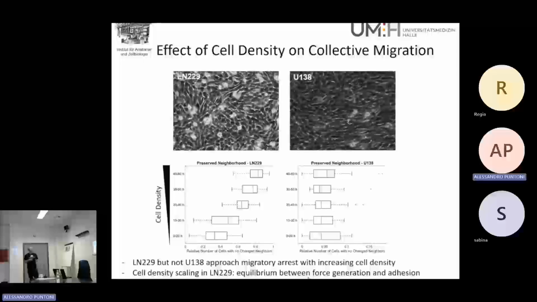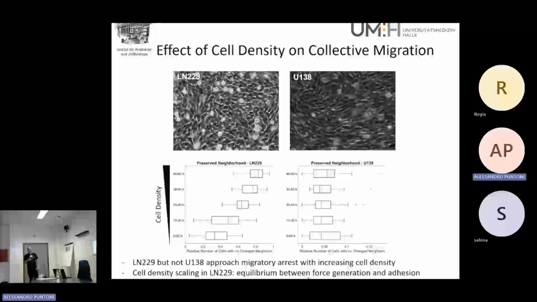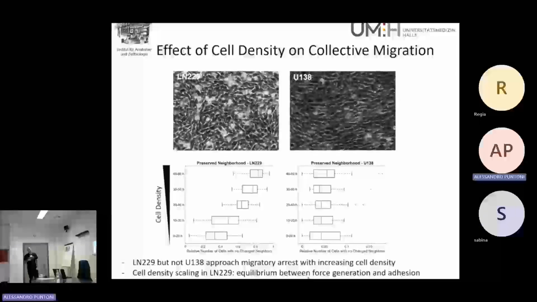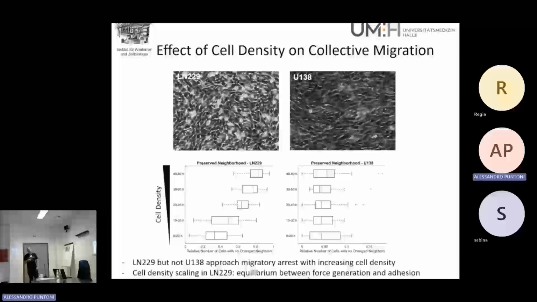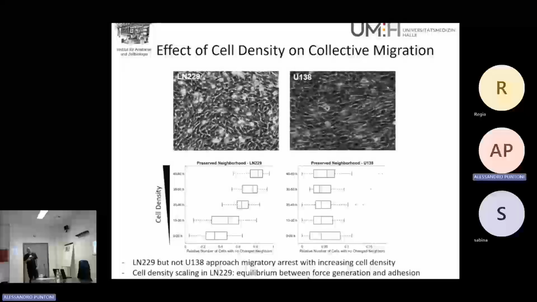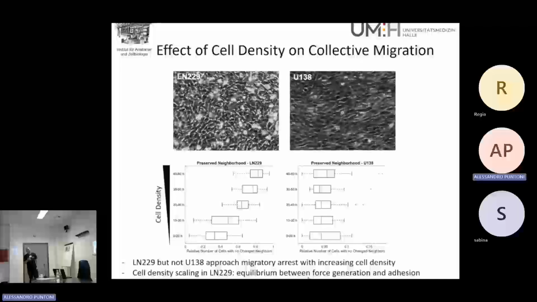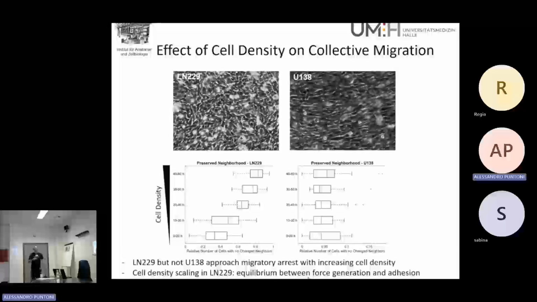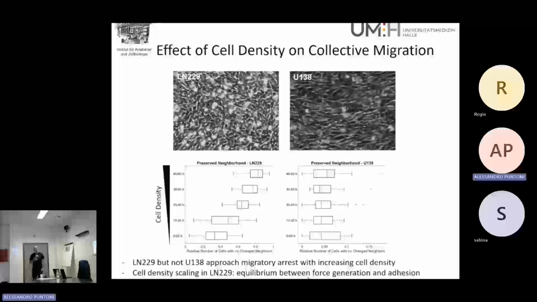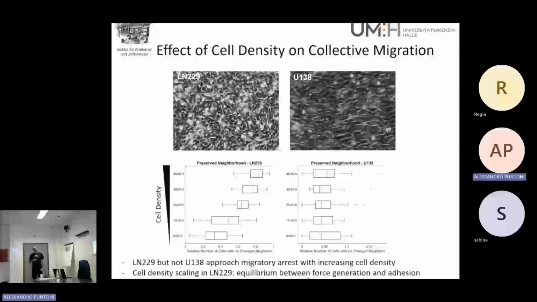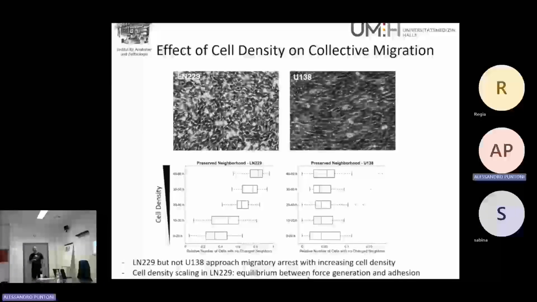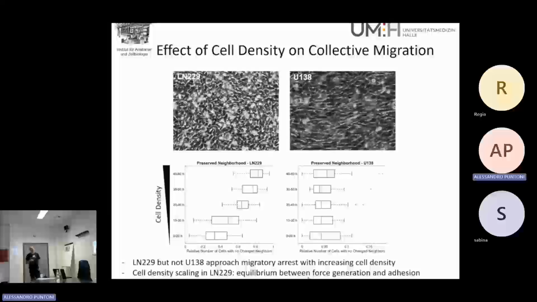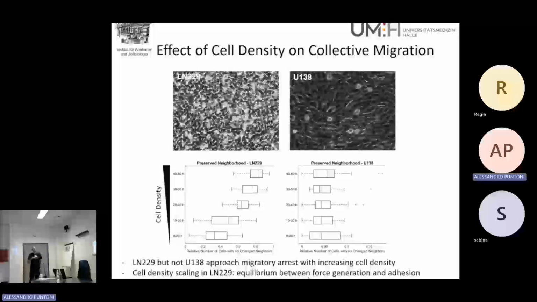And we once again looked at the reorganization parameter we introduced, and we found one of our cell lines to actually go into a state of migratory rest with very low reorganization. It's also shown here in these videos where there's still something going on, but it is way less reorganization than initially. But if we compare this to our more fluid-like cell line, we do not see any change as a function of cell density over time.